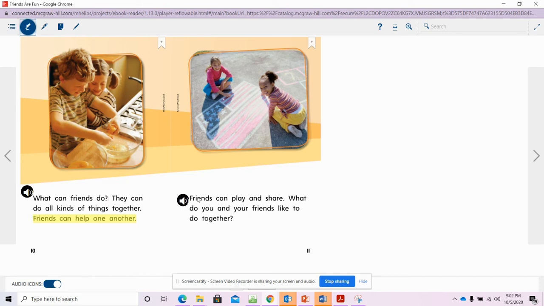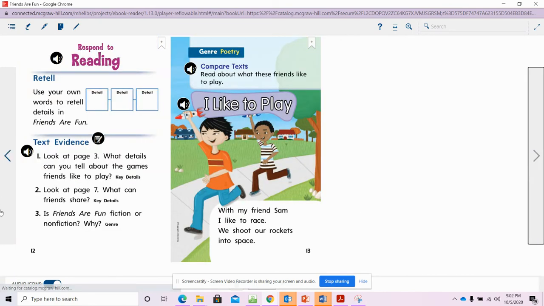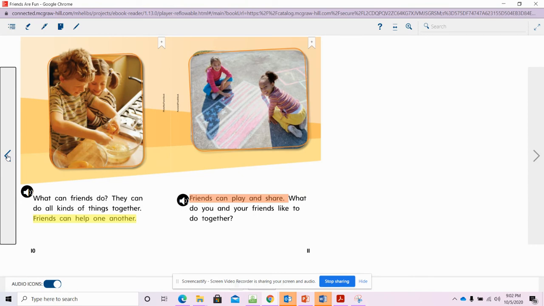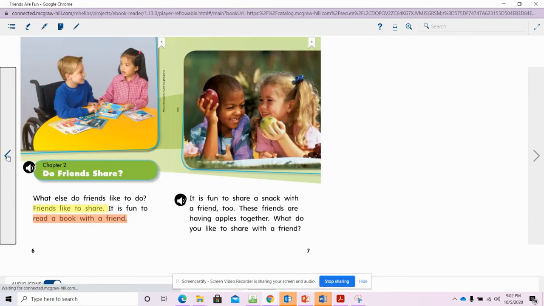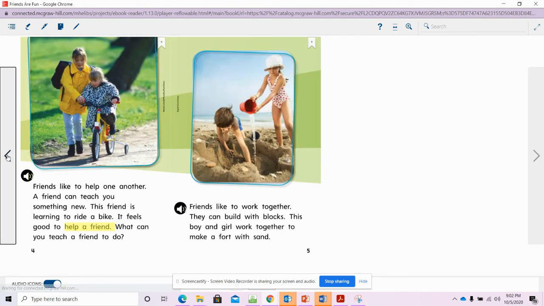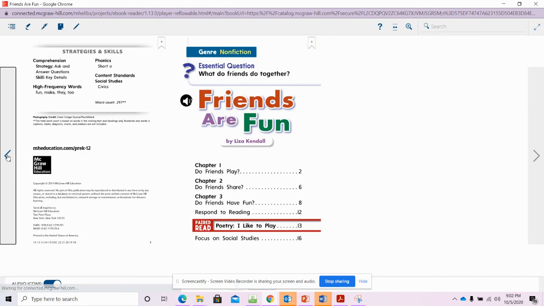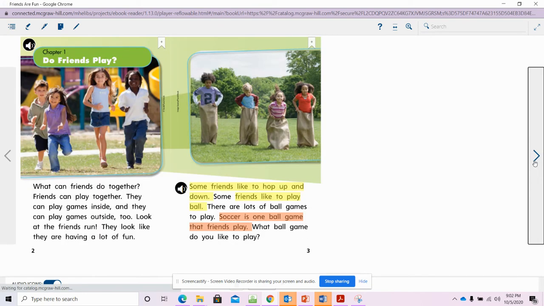Friends can play and share. Ooh, nice. We found so much information here, so many details that help us answer our question, what do friends do together?